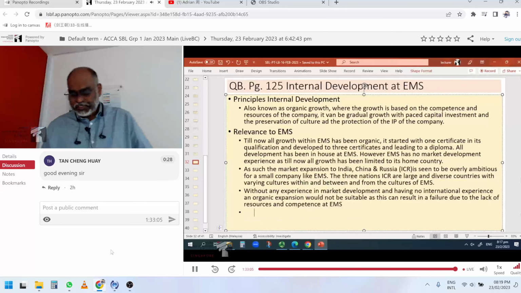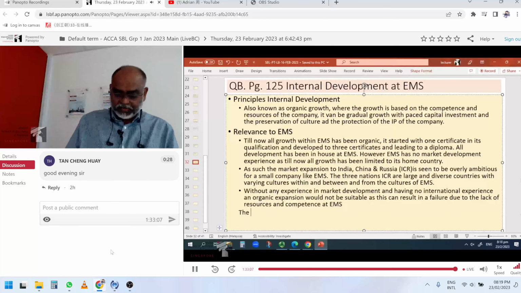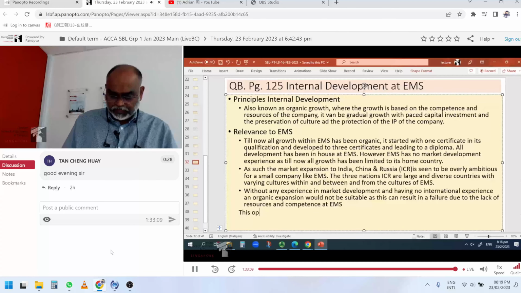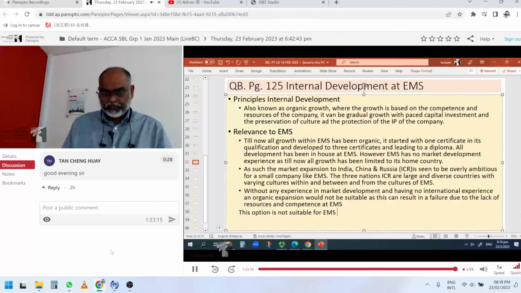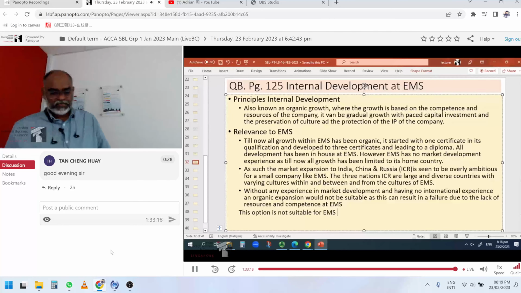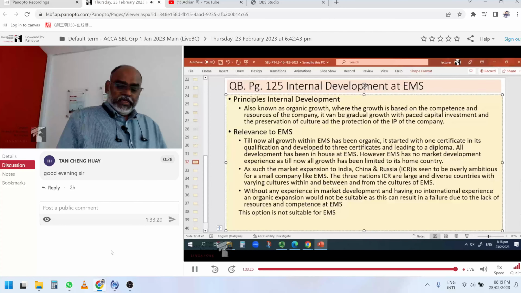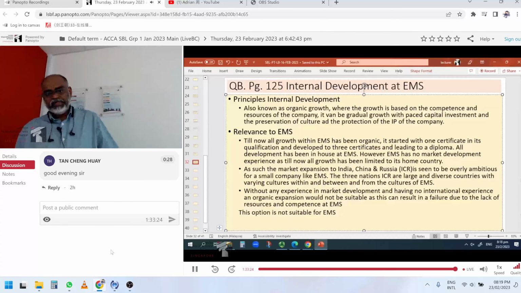So as such, what would we say? We will say this option is not suitable for EMS. Okay. If this option is not suitable, then what option do you think is going to be suitable?